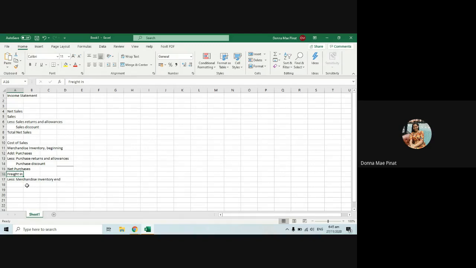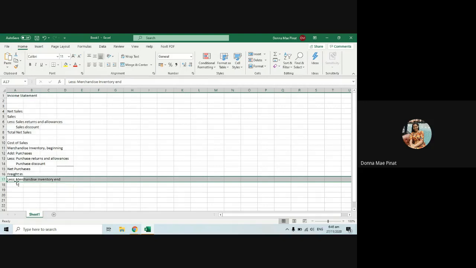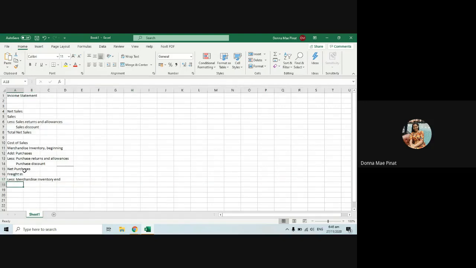Then freight in, and last, merchandise inventory.